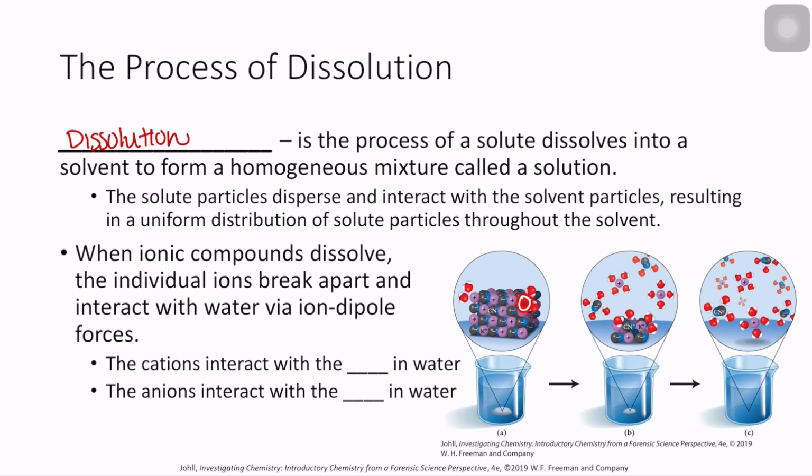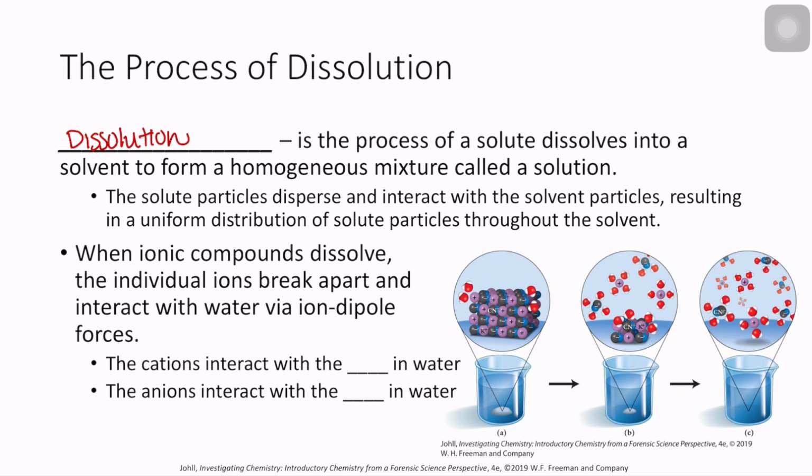So as you start this dissolving process, this is cyanide in here with a potassium cation. They are going to start separating, and those water molecules are going to completely surround the individual ions. And this has an ion dipole force.